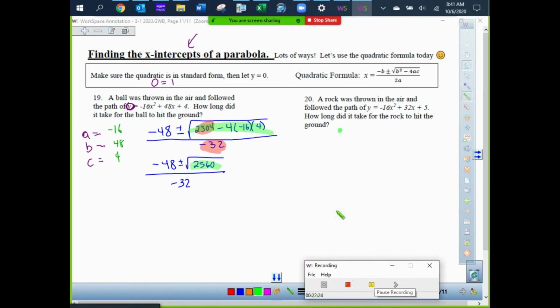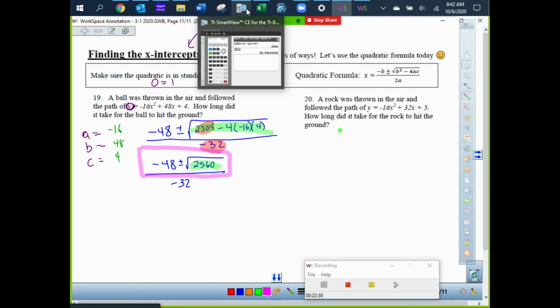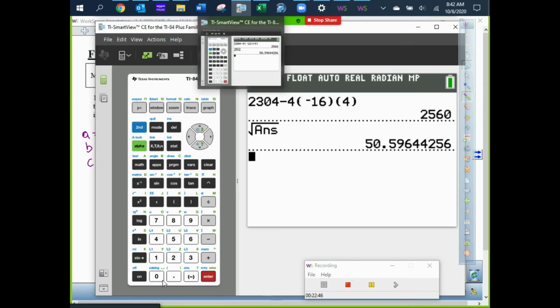So what we're going to do, this didn't come out very nice, we're going to punch this in. And it's not the easiest thing to punch in. We have to do the numerator first and then hit equals. And there's 2 answers up there because of this plus or minus. So let me do this. Let me get this calculator going. Let's do negative 48.